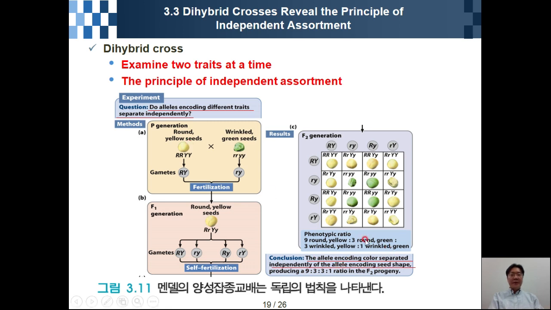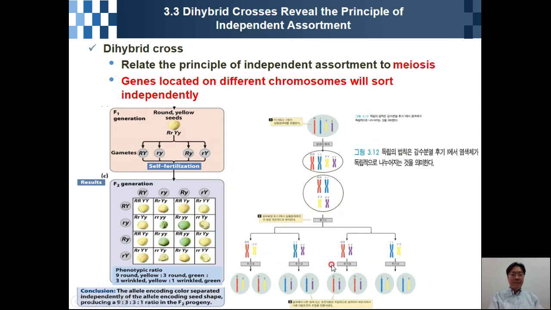This is very hard to understand, but if you relate the principle of independent assortment to meiosis, it can be explained very simply.